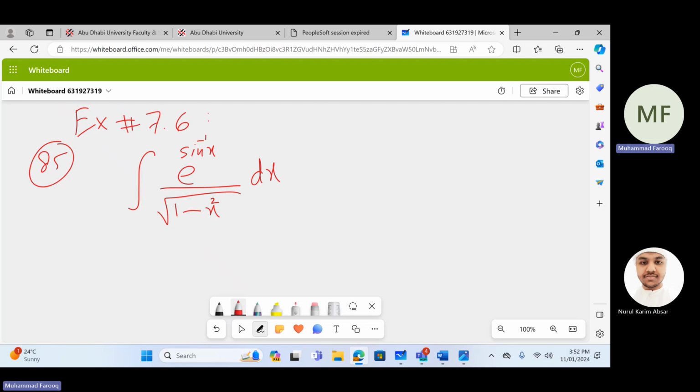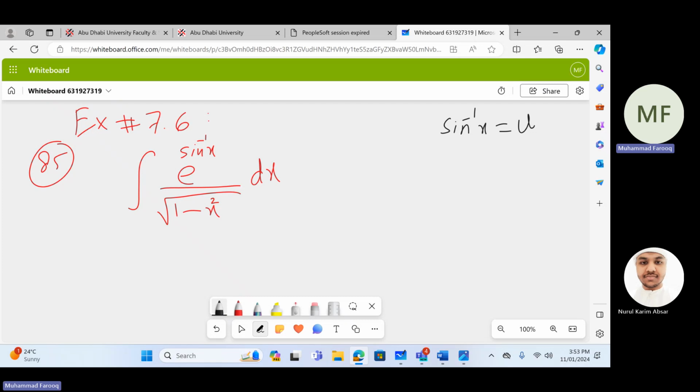As I told you, here we need substitution. What do we take as u? Sine inverse. So let sine inverse x equal u. The next step is differentiation, the derivative.